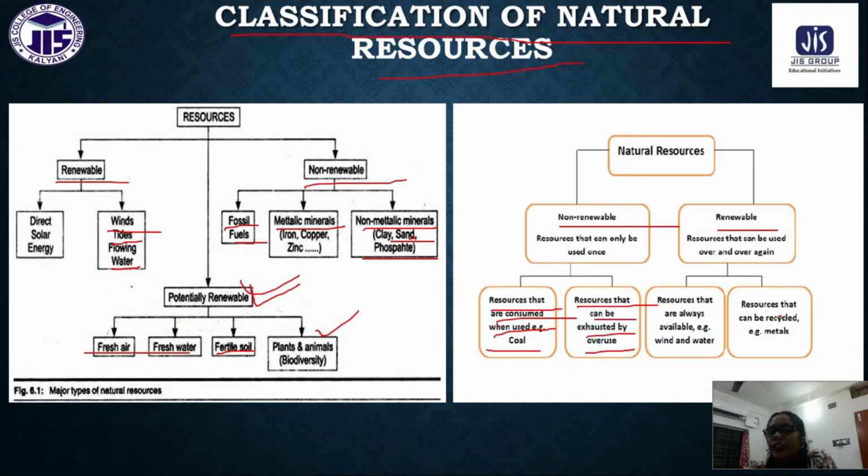Renewable resources are of two types: resources that are always available, like wind and water, and resources that can be recycled, like metals. So these are some of the classifications of resources and natural resources. When you have the question, check whether you are asked about resources or natural resources, or write both in your answer.